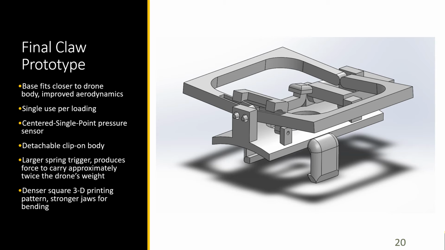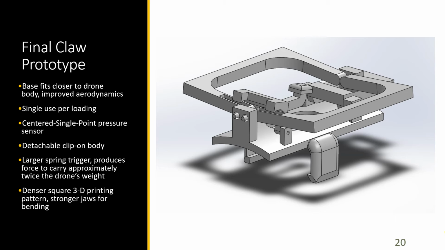It is still a detachable clip-on body, but a major difference is that we reinforced every single part of this mechanism. The base clips on with a perfect fit and is also a tougher design with a rounder surface because we wanted it to be closer to the base of the drone.